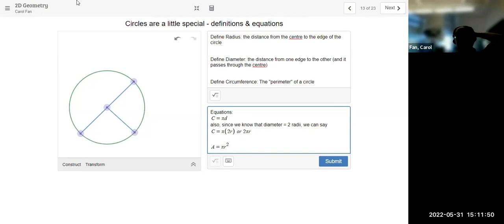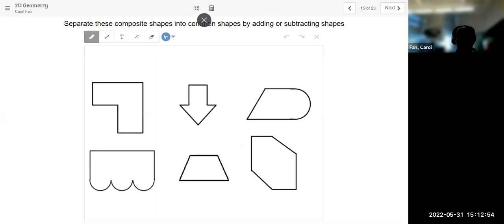Okay, if we're going to talk about composite shapes, the word composite means it's composed of more than one thing. Right, slide 15, we have separate these shapes into common shapes by adding or subtracting shapes.